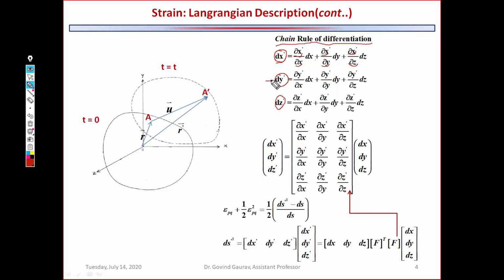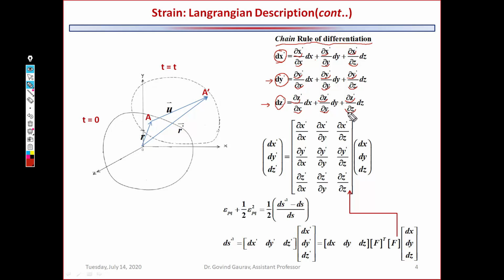Similarly, dy dash is the partial derivative of y dash with respect to x, y and z. Similarly, dz dash is given by the partial derivatives of z dash with respect to x, y and z.